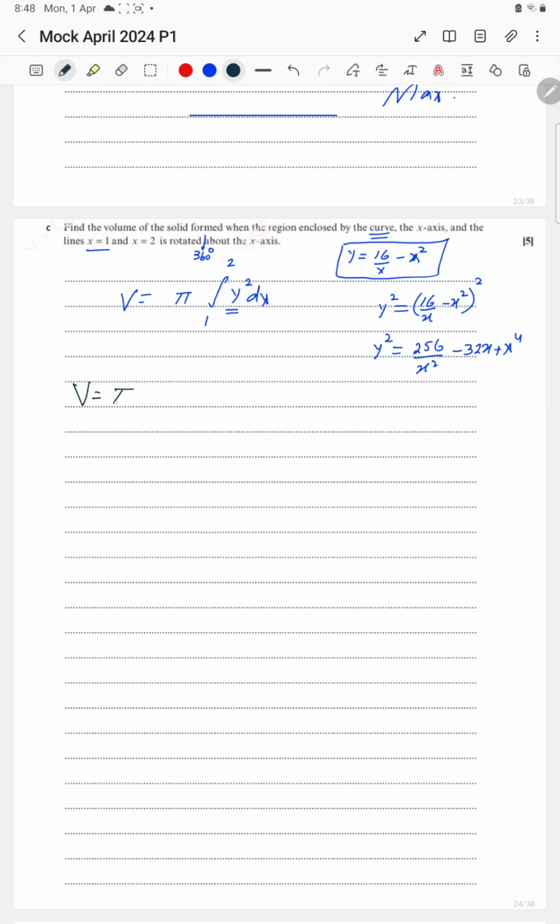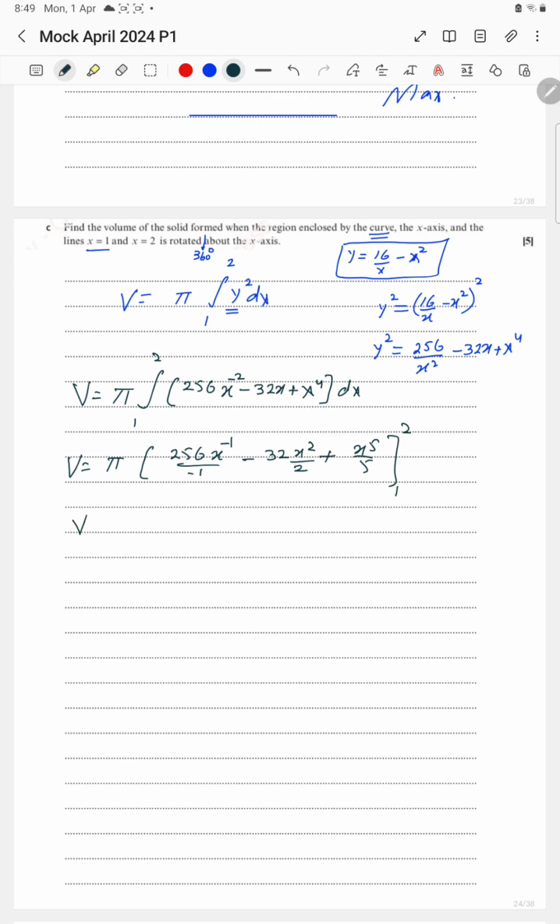So volume will be pi times the integral from 1 to 2 of 256 x to the minus 2 minus 32x plus x to the 4 dx. Integration: I will add a power, so minus 256 by x, minus 32 x squared by 2, plus x to the 5 by 5, and these are the limits.